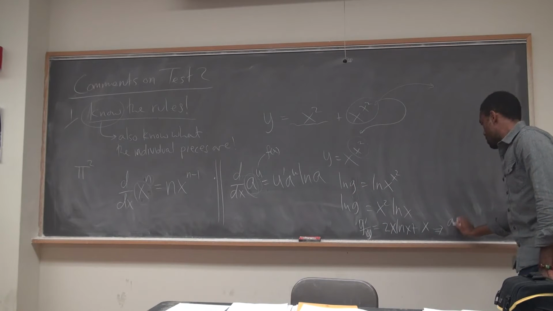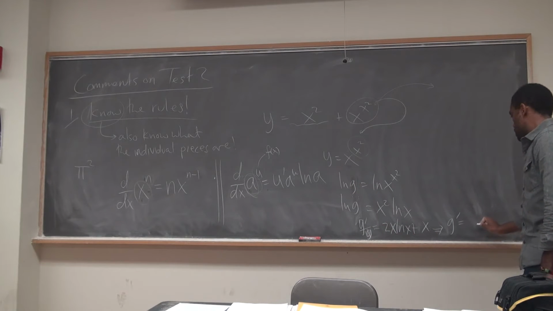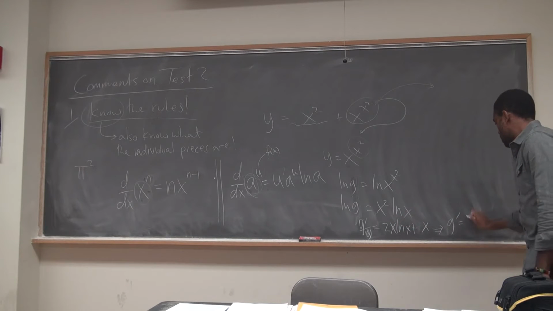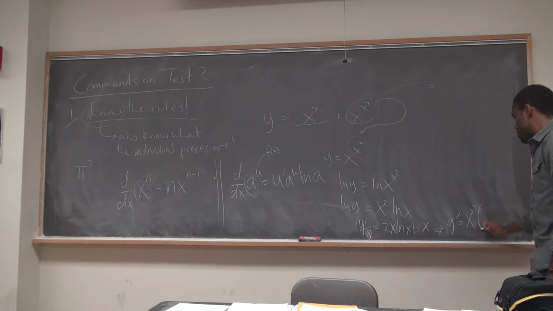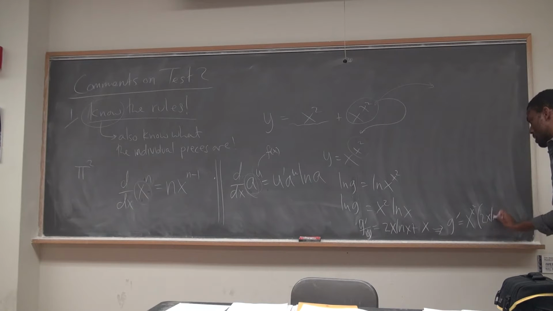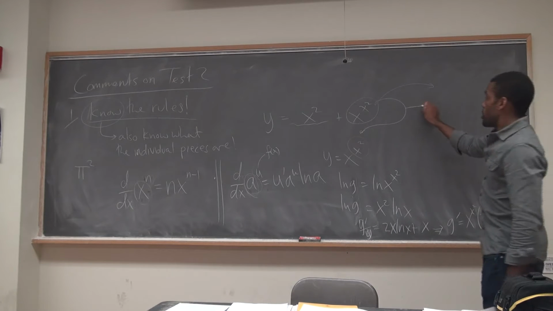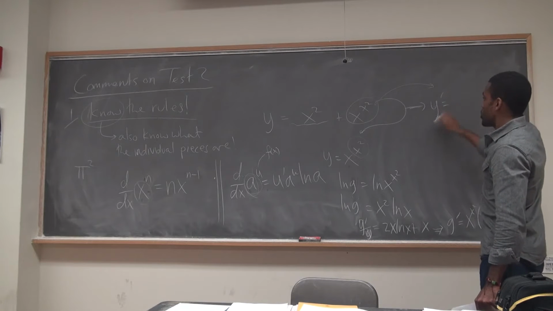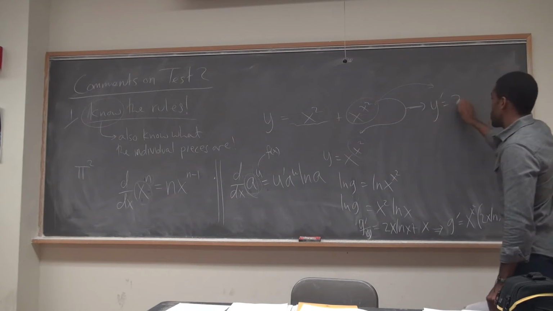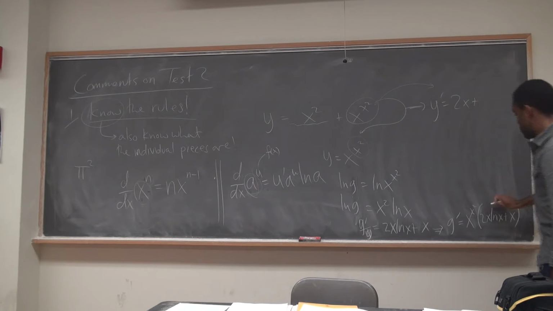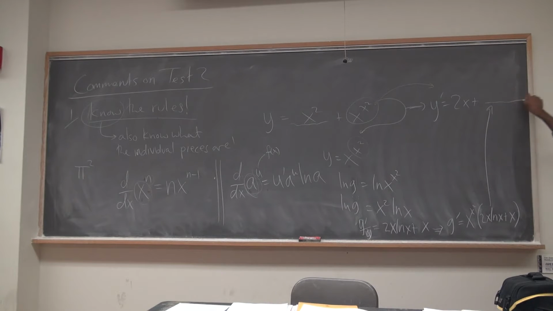And so I would get my g prime is the original function, x to the x squared times 2x ln x plus x. And then I go up here and I say y prime equals, well this I know how to differentiate, that's just 2x plus, write that answer here.